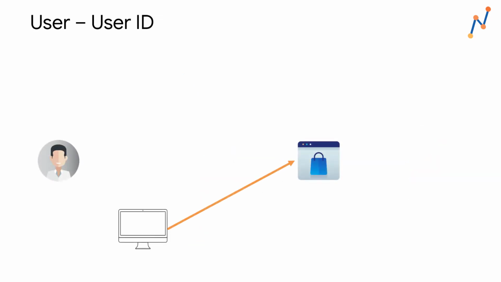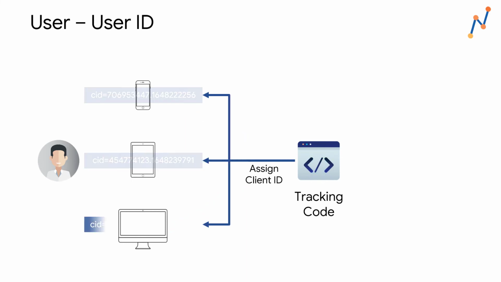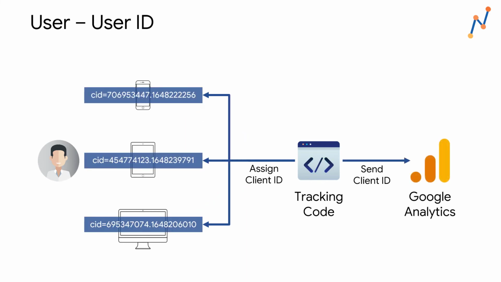So as a recap, you remember from the slide about client ID that when a user visits a website with 3 different devices or browsers, these browser instances will be assigned a client ID by the tracking code, which will then be sent to Google Analytics in conjunction with a hit in Universal Analytics or an event in GA4.